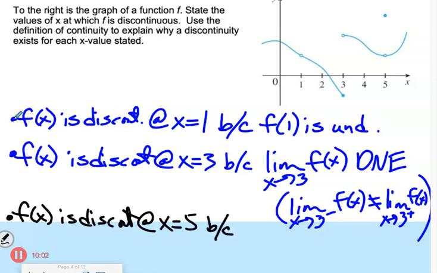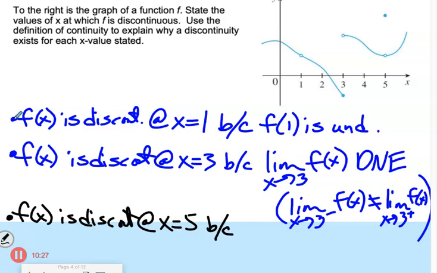All right, Ryan, is f of 5 defined? Yes. How do you know? There's a dot there, good. Does the limit as x approaches 5 exist? Yes, because both sides point to the same spot. So why do we have the discontinuity? Because the f of 5 and the limit as x approaches 5 are not equal. Yes, beautiful. Did you guys hear that?